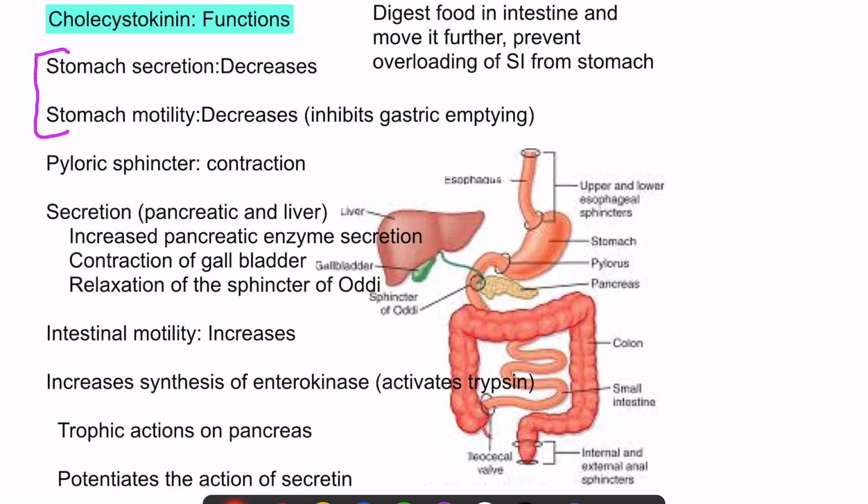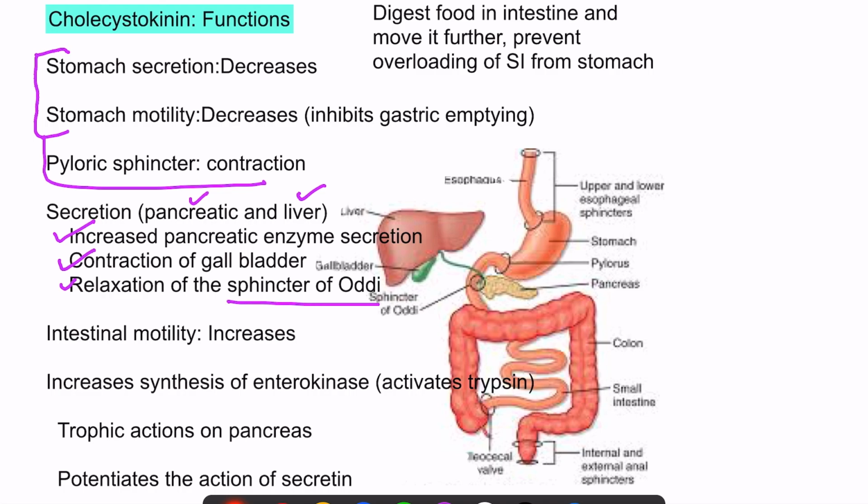Then it causes pyloric sphincter contraction again, so that the contents from the stomach should not enter into the small intestine. Then for digestion in the small intestine, it causes increase in the secretion of the pancreas and the liver. So there is increased pancreatic enzyme secretion. There is contraction of the gallbladder so that more bile can enter into the small intestine, and relaxation of the sphincter of Oddi.